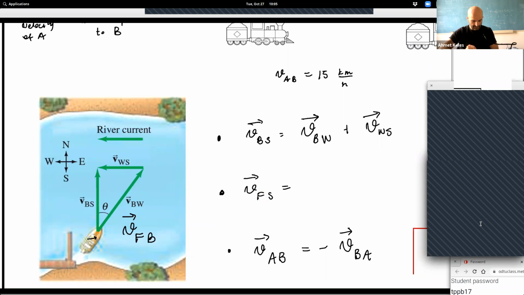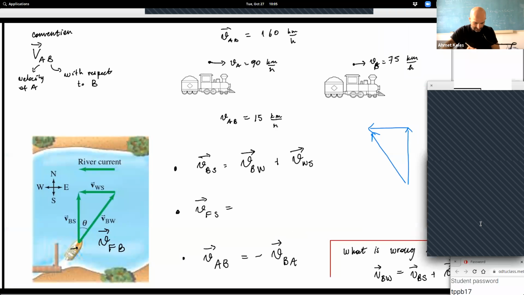And we have fisherman with respect to boat, boat with respect to water, and we have water with respect to shore. How should I start? I have F on the left hand side, so I want to start with F on the right hand side. V fisherman. Now the second one, I have fisherman with respect to shore, but I am given boat here.